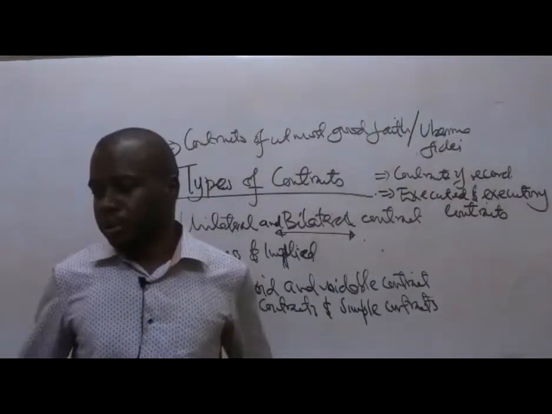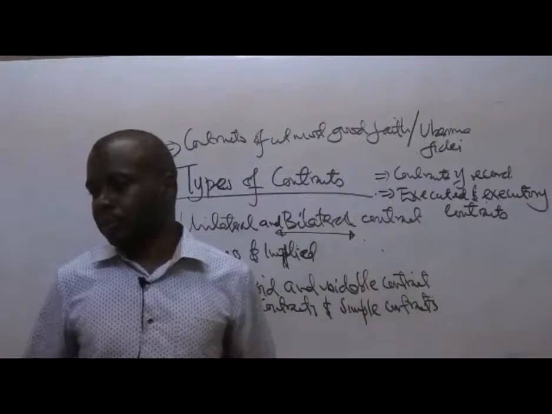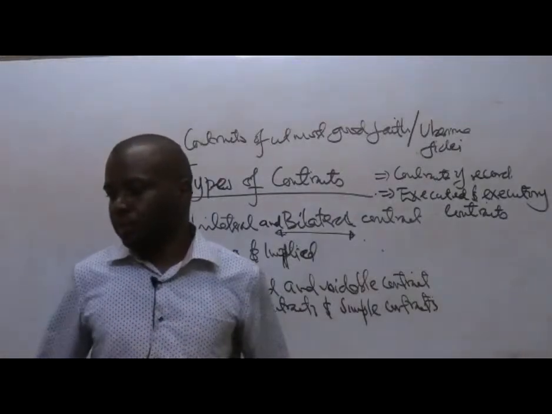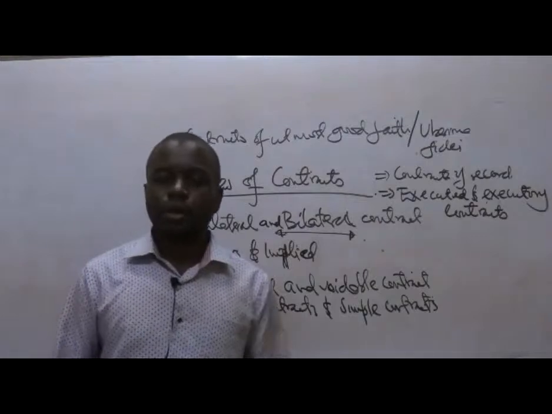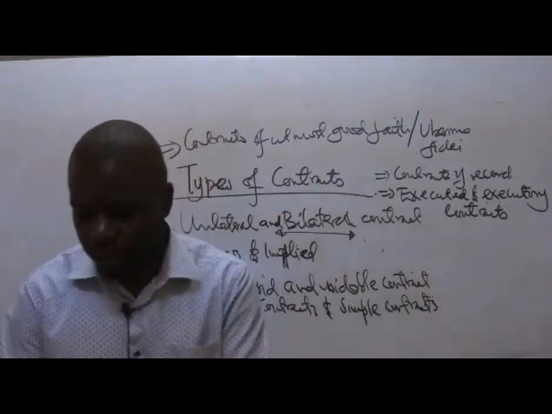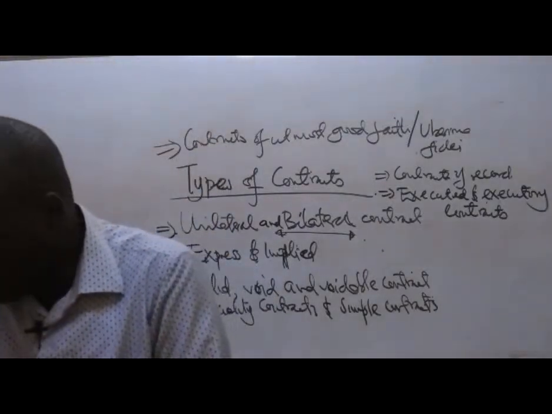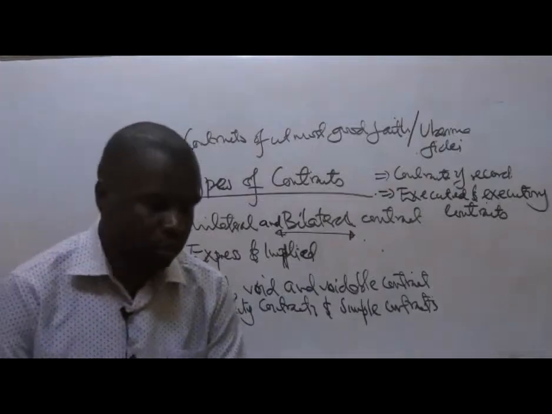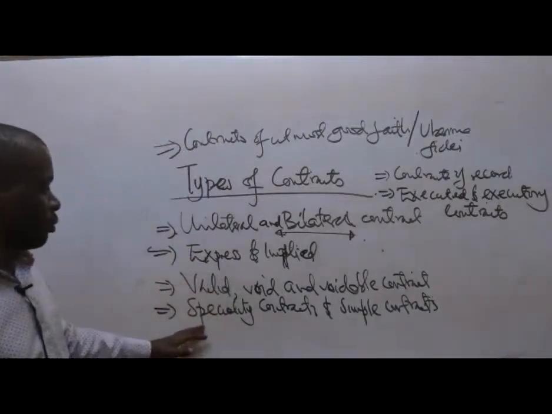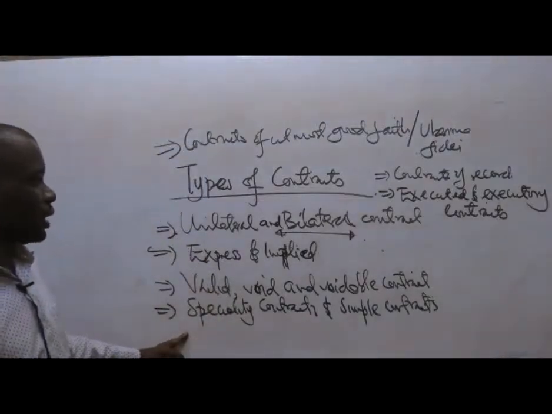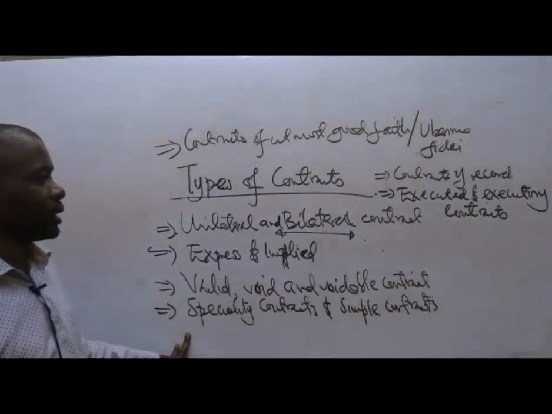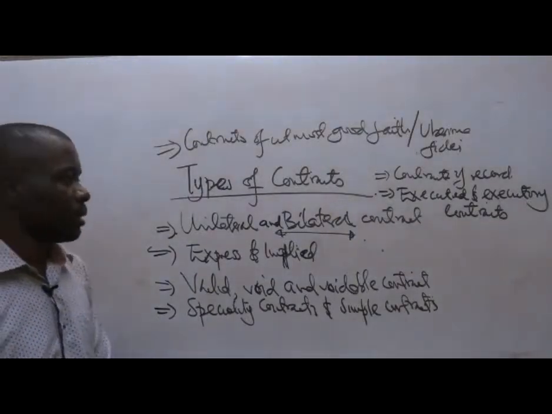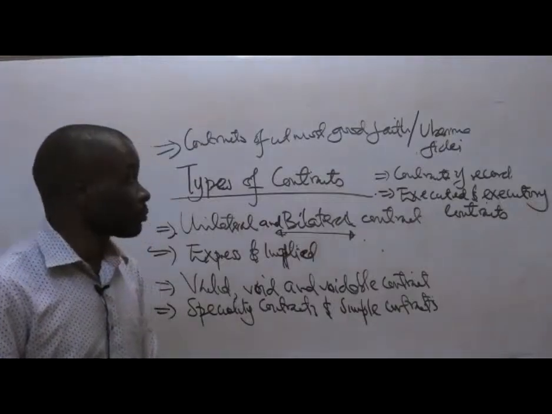Simple contracts are agreements, whether express or implied, which give rise to a legal relationship. A simple agreement may be in writing, or sometimes it can just be made orally. But most specialty contracts are usually in written form, and there must be a common seal. They must be sealed or stamped.